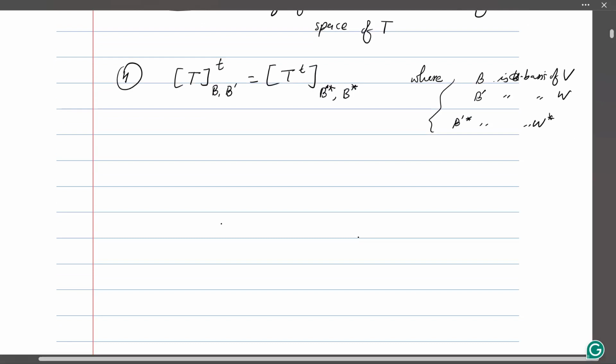So the relation between T and T transpose is this. They are actually transposes of each other, as matrices.